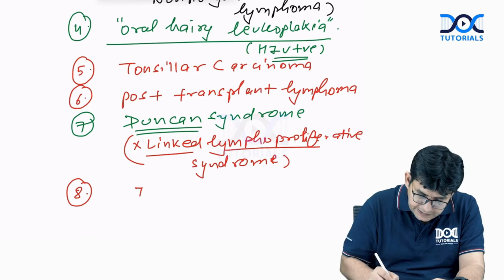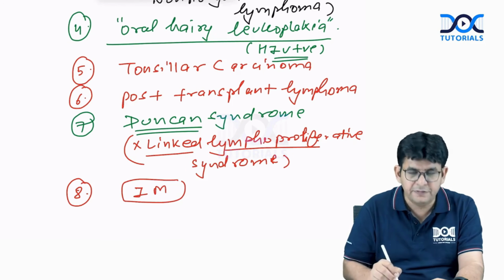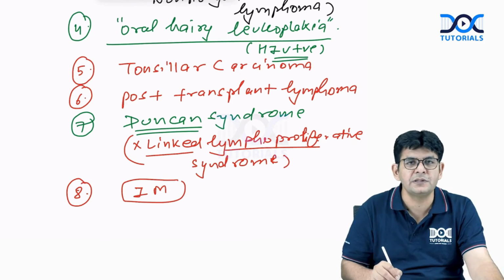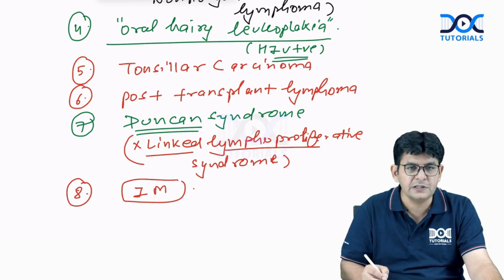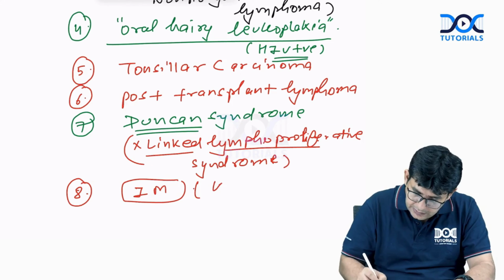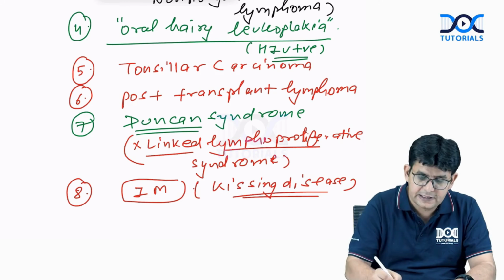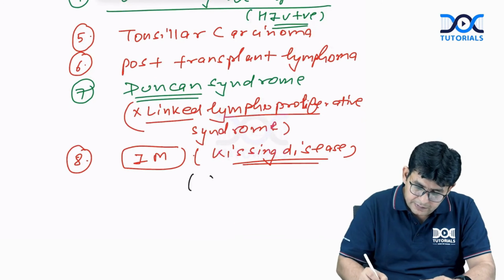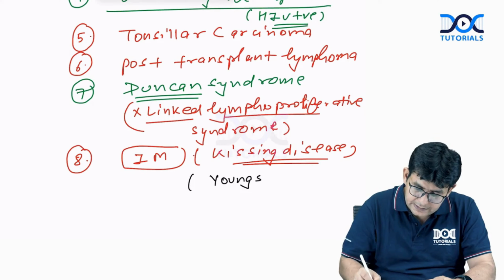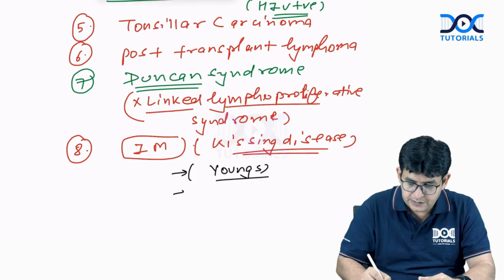Then the most important is infectious mononucleosis. The most important is which one? Infectious mononucleosis, which is also termed as kissing disease, common in young people, spreads through saliva.